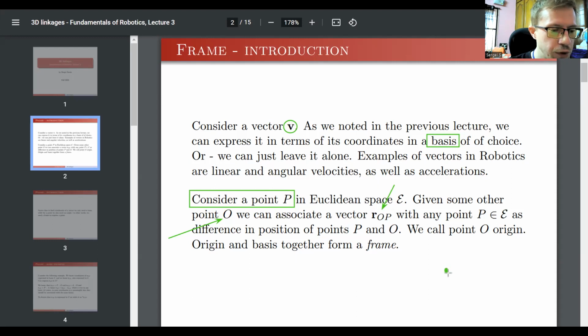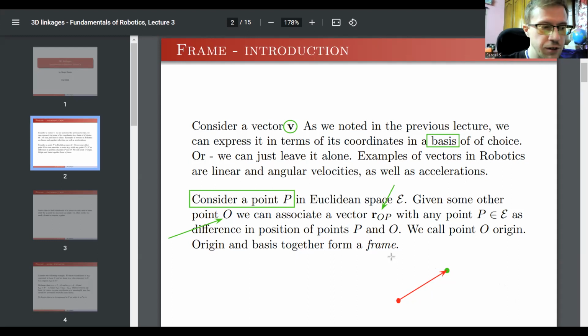We have one point, and we have a different point here. We can draw a vector from the second point to the first. So this red arrow is a vector.